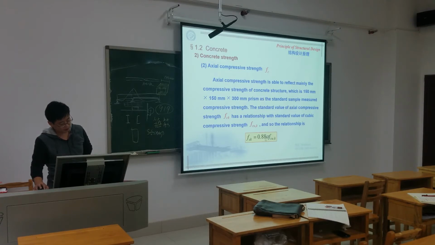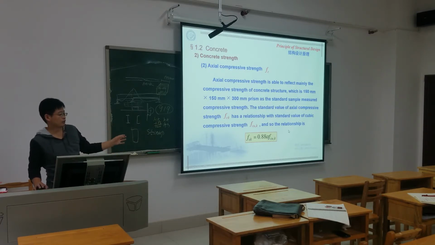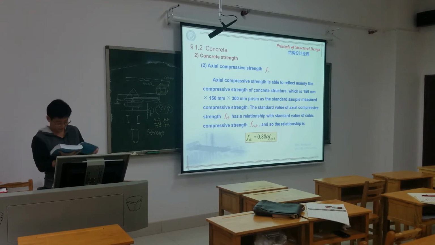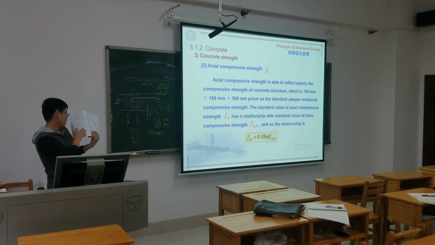We have another symbol, alpha. Alpha has a different value for normal strength concrete and high strength concrete. It's 0.76 for normal strength.